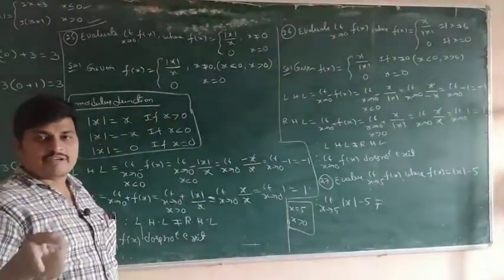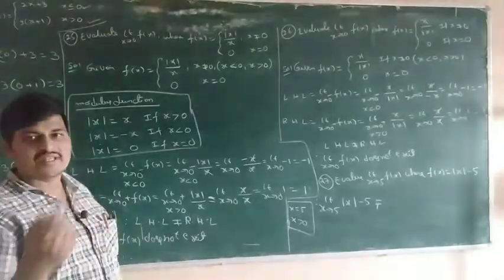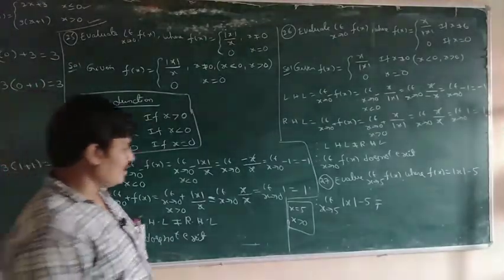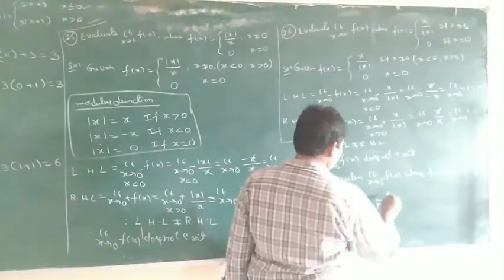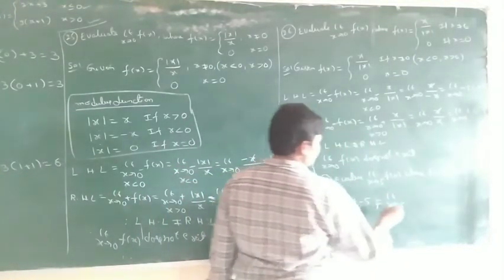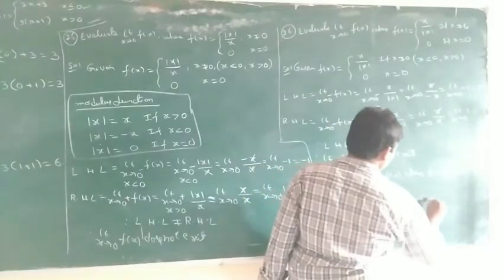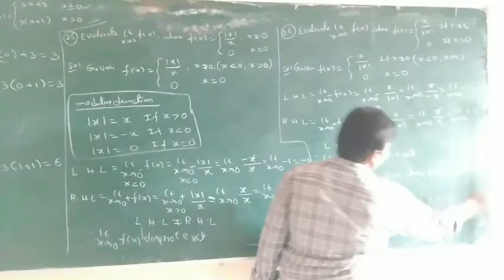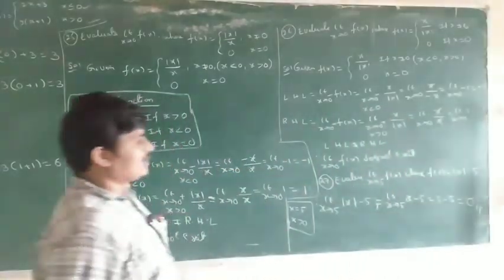Is 5 greater than 0 or less than 0? Greater than 0. So for greater than 0, mod x is equal to x. Limit x tends to 5 of x minus 5, with x equal to 5, gives 5 minus 5 equal to 0, directly.